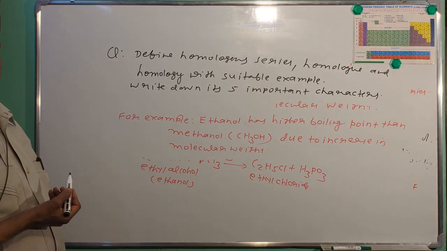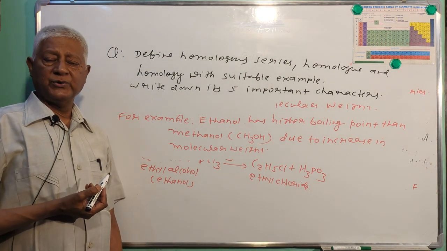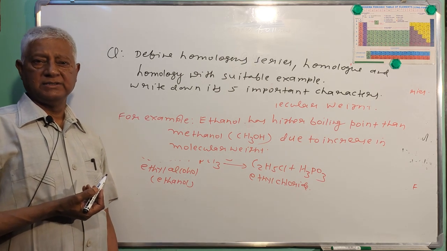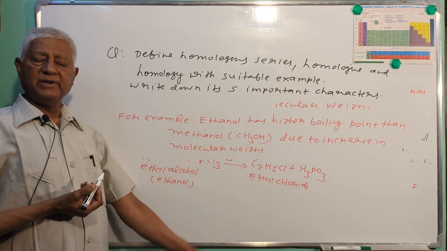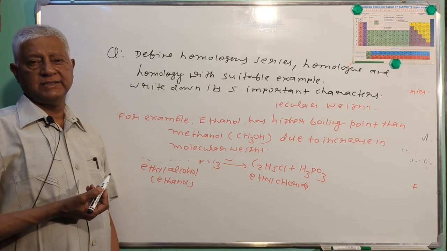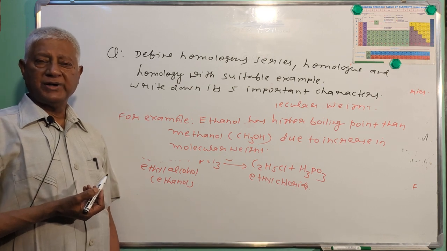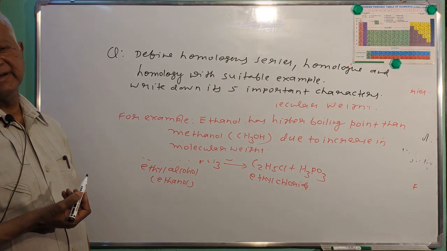I have already told you from first to last. In brief, to remind you, the first one is they always have a similar general formula. Second, the difference between 2 consecutive homologs is generally CH2, that is the methylene group, or we can say 14 AMU. Third one is they have similar general preparation.